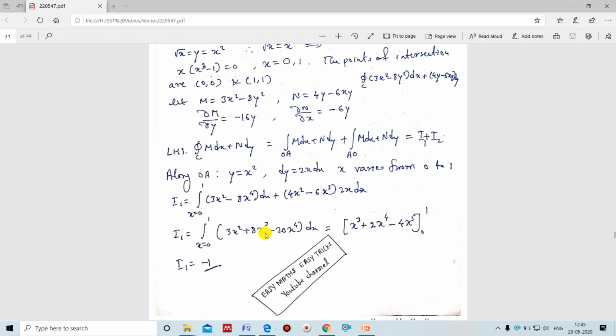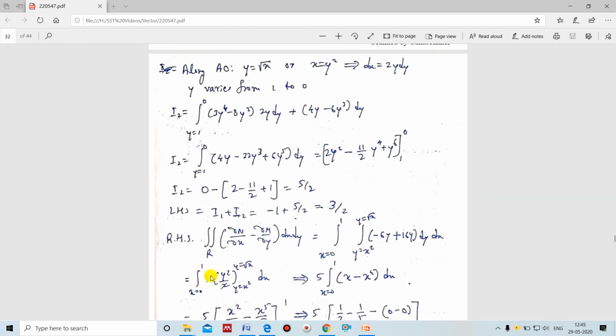Plus 8 times the integration of x cube, which is x raised to 4 by 4, giving 2x raised to 4. Minus 20 as it is, and x raised to 4 integrates to x raised to 5 by 5; 20 by 5 is 4, so 4x raised to 5. Then put the upper limit and lower limit. Putting x equal to 1 gives minus 1, and putting 0 gives 0. So I1 is equal to minus 1.